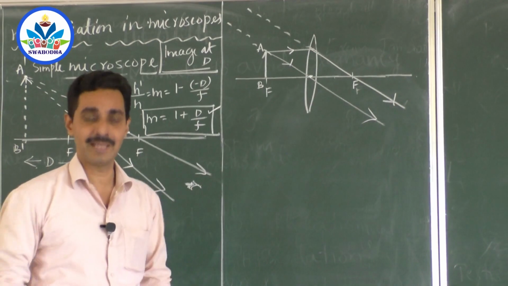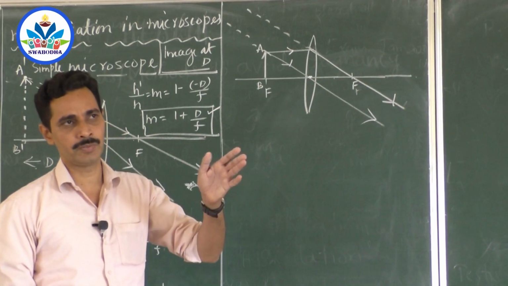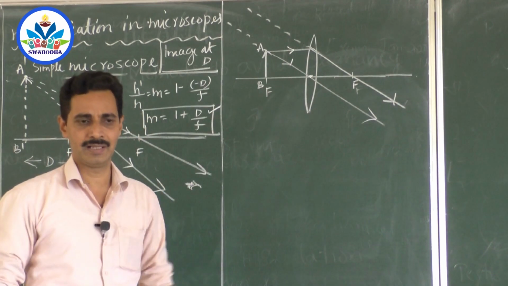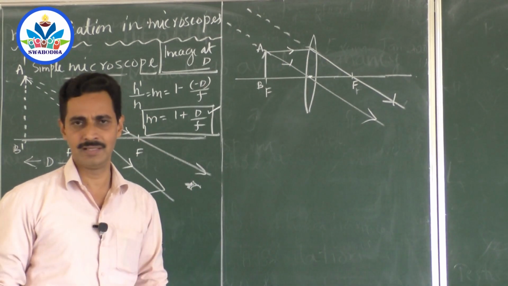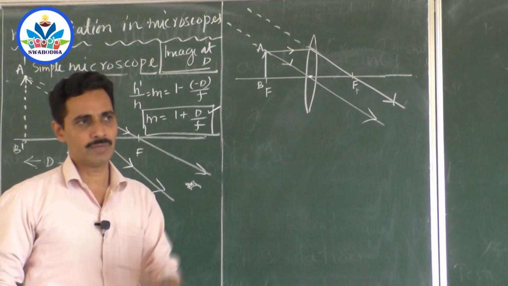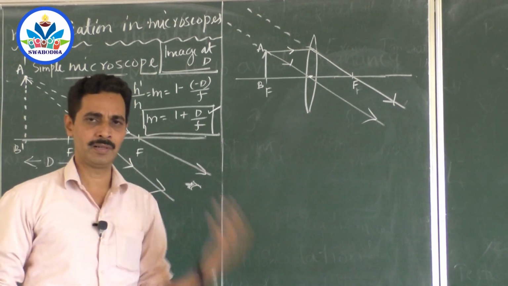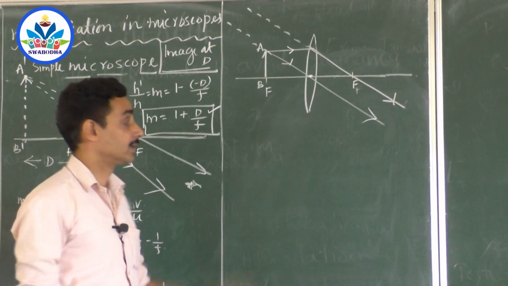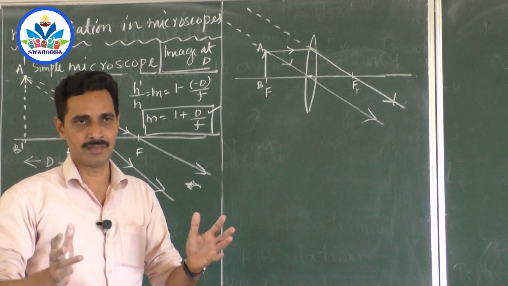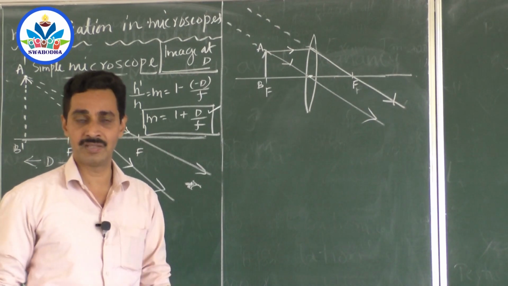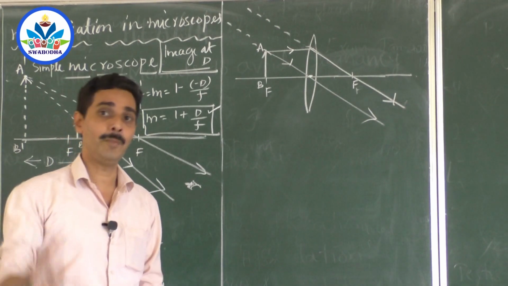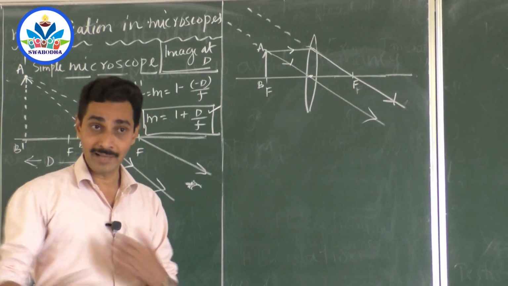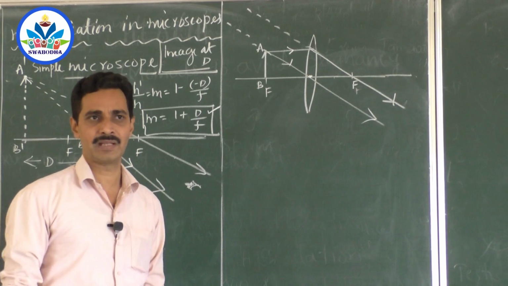When you look through the telescope, you can see different points on the moon separately, very clearly.